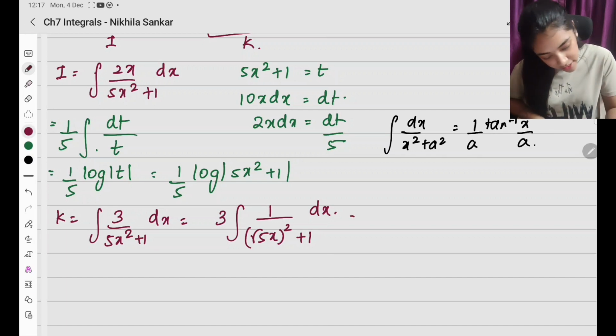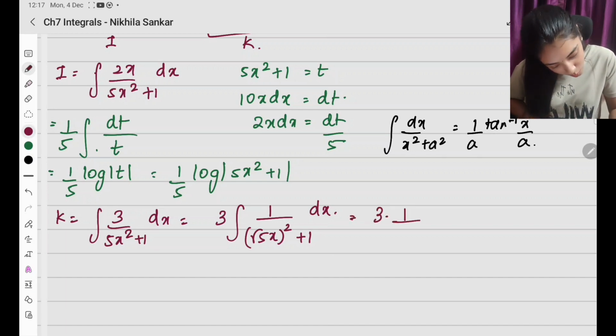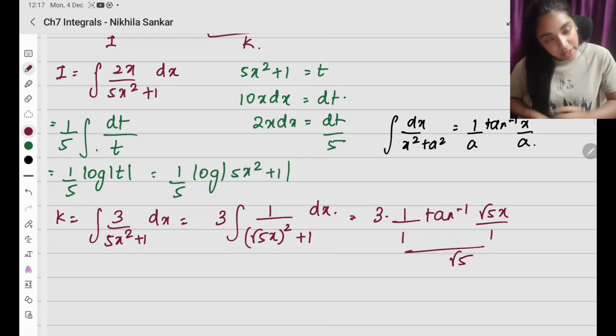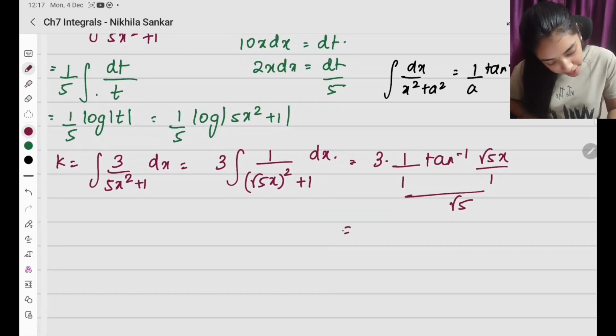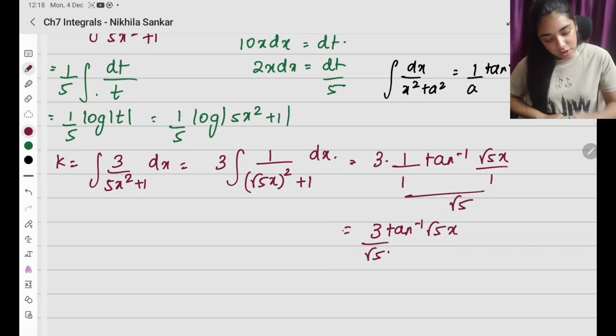So when I apply that, I have 3 is already there, 1 by a, which is 1 by root 5, tan inverse of x, which is root 5 x, divided by 1, the whole divided by root 5. Remember that the coefficient of x is going to be root 5. So what does this become? I have 3 by root 5 tan inverse of root 5 times x. So this is going to be my K.